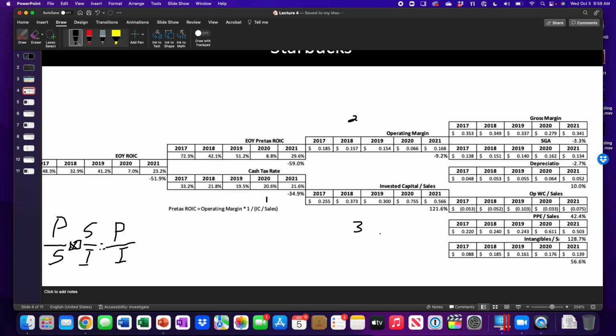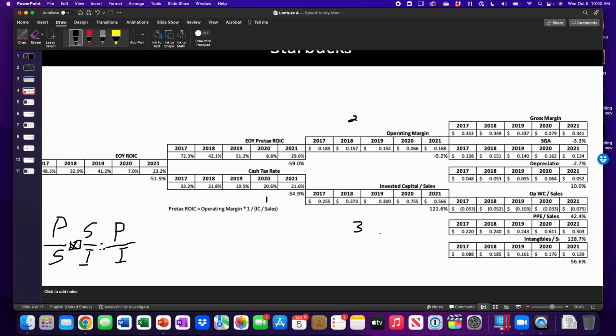Now that I've explained the drivers left to right, I summarize right to left. So, summarizing: a worsening of productivity primarily by an increase in PP&E to sales from 22 to 50.3 drove invested capital to sales from 25.5 to 57, which was the primary reason the pre-tax ROIC fell from 72.3 to 29.6.